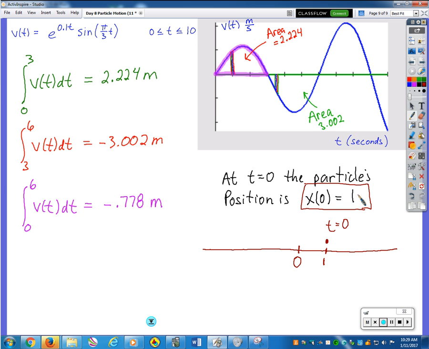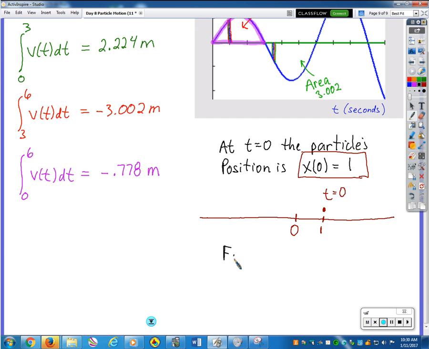What they'll ask you is they'll give you this information. They won't give you the picture usually. Then they'll say, find the particle's position at time equals 6.